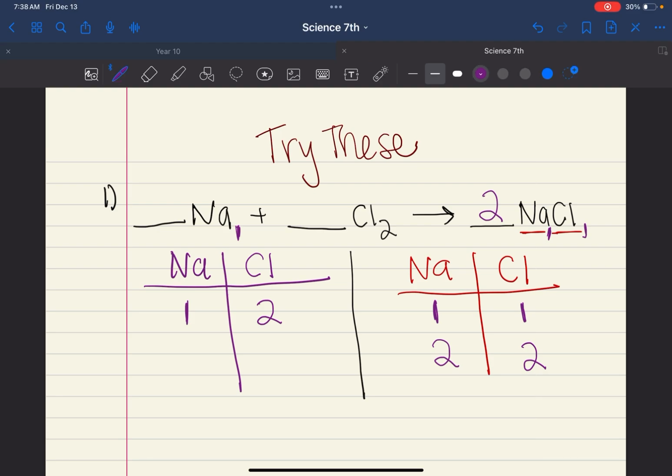Right, if you said 2, put a 2 in front of sodium because 2 times 1 is now 2. You are correct. And then if you notice, we have now 2 sodiums. We have 2 chlorines. So yay, we're happy. We just went ahead and balanced that.